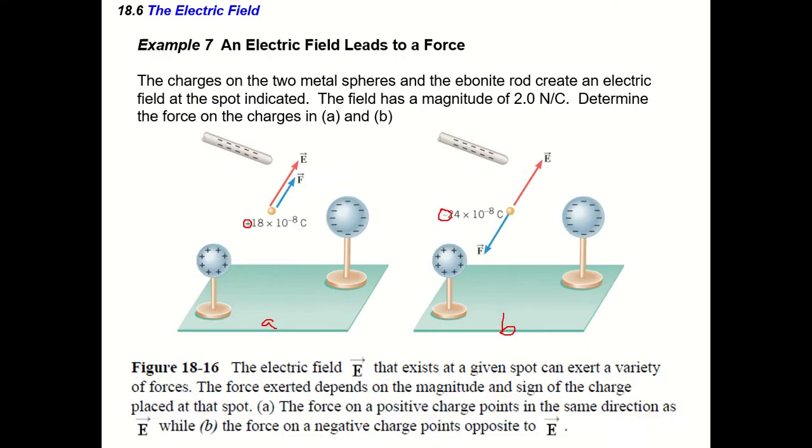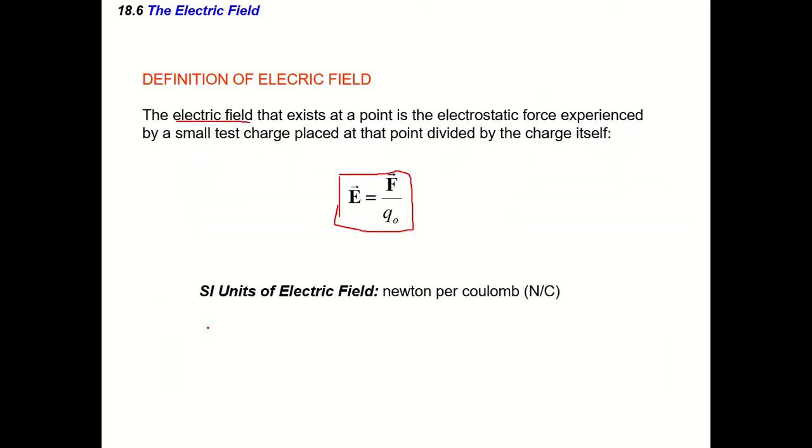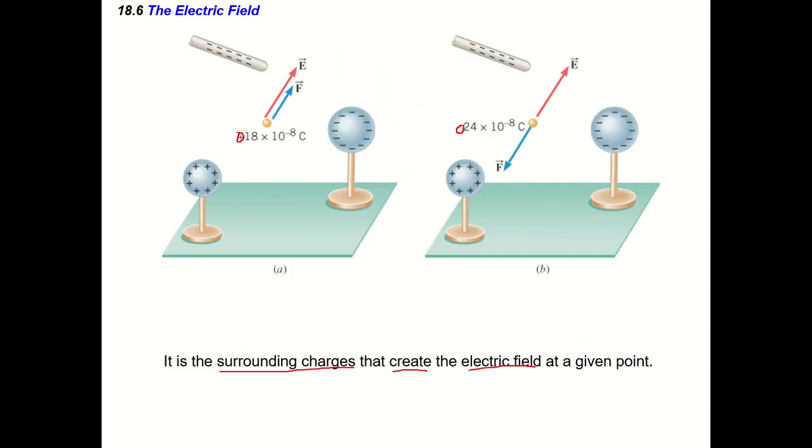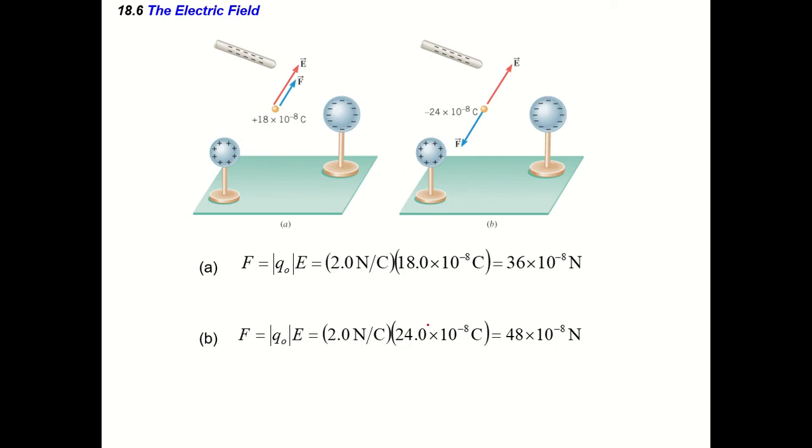From this formula, our electric field is in Newton per coulomb. So this is our E, 2 Newton per coulomb, multiplied by the charge, which is 18 times 10 to the minus 8. Therefore we have 36 times 10 to the minus 8 Newton as the force for this illustration for A.